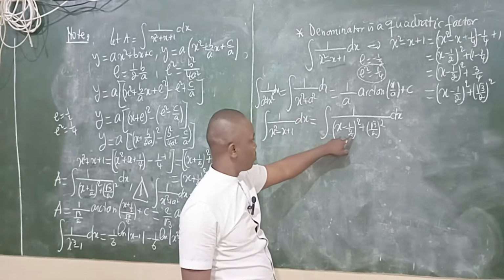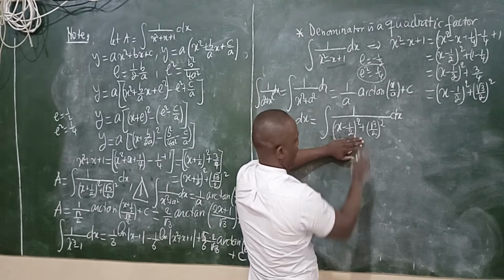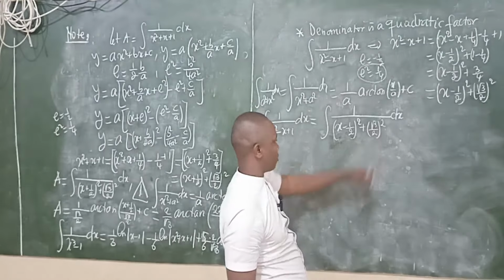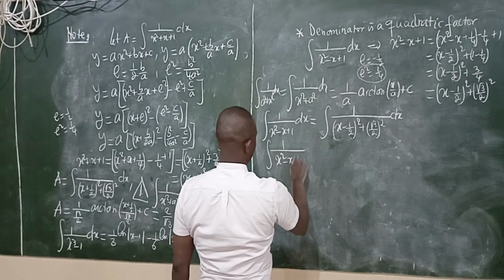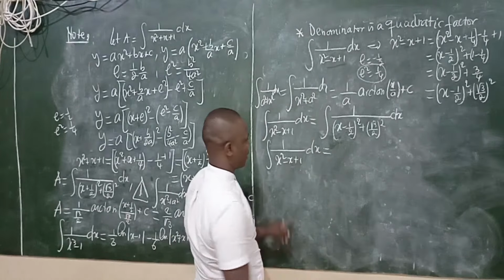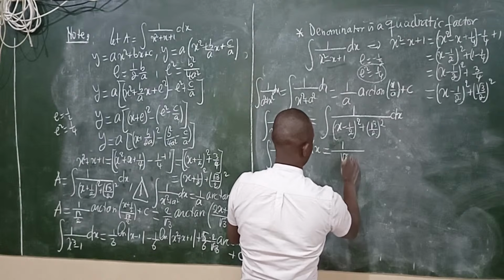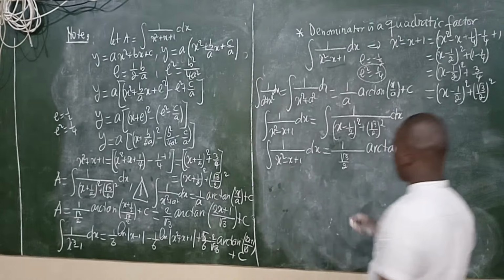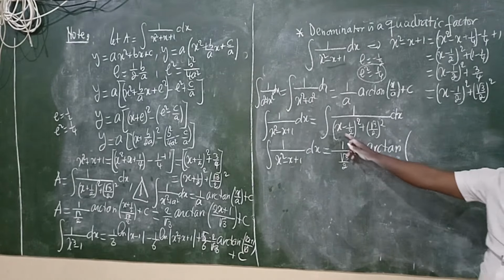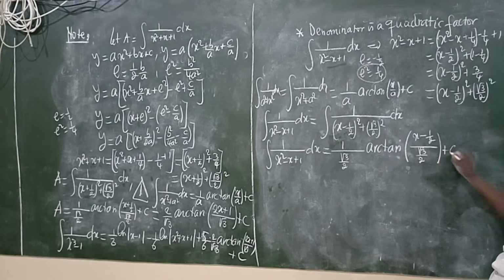That is why we replace x by x minus a half, and a by root 3 over 2. So the integral is 1 by the square root of 3 over 2 times arctangent of x minus 1 over 2 divided by the square root of 3 over 2 plus c.